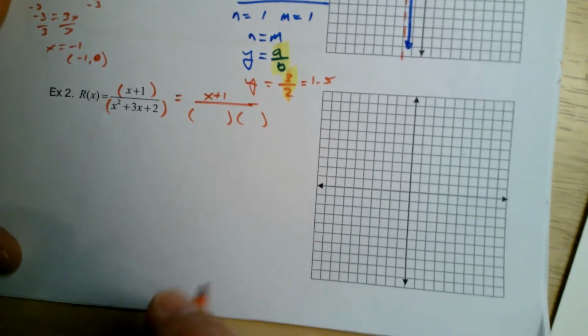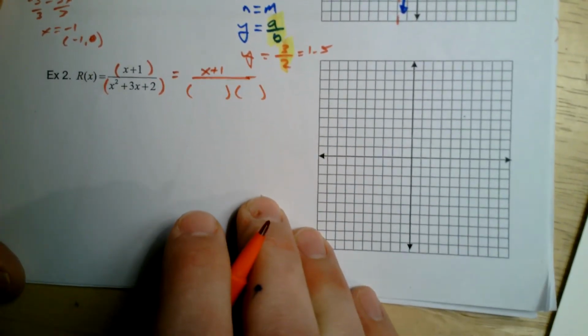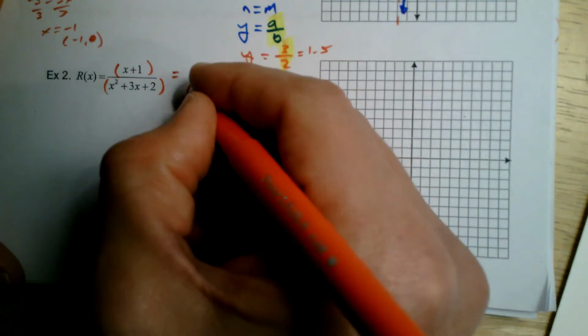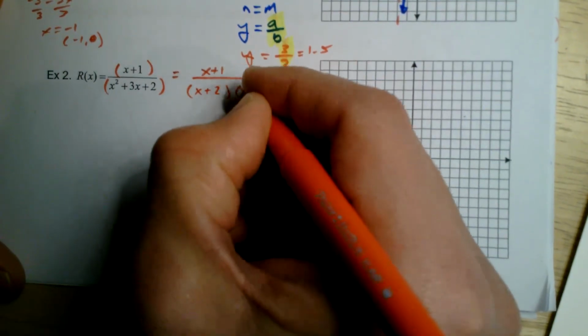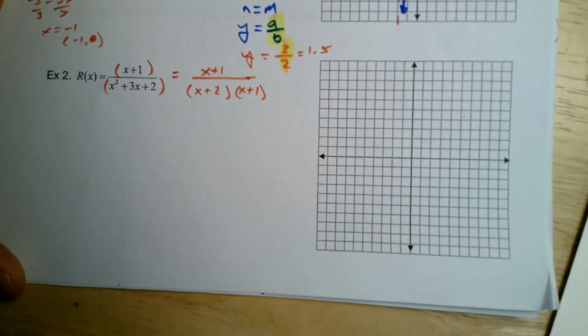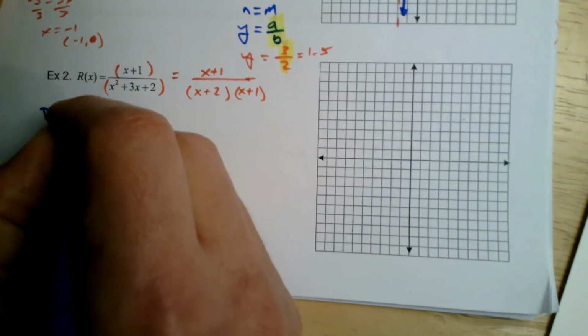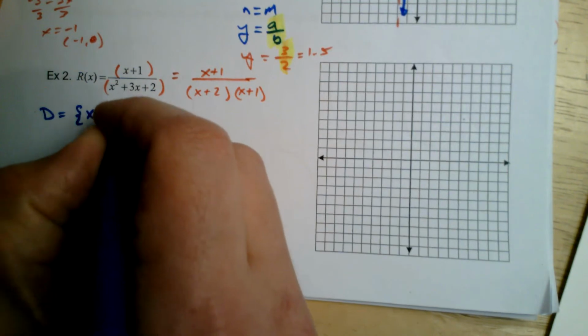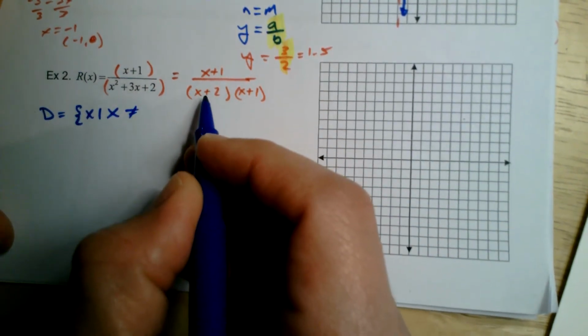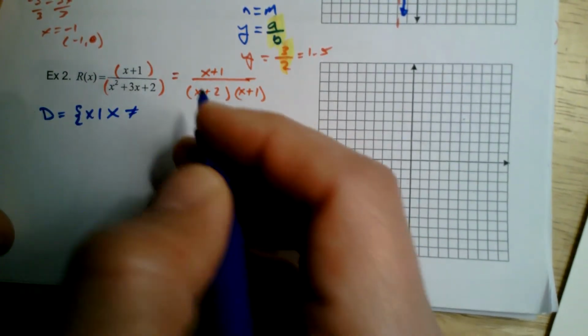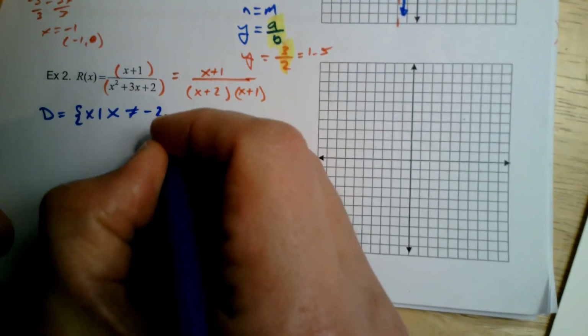Factors of 2 that add up to 3. Faster you guys answer, faster we get this done, y'all. 2 and 1. So my domain cannot be 0 on the bottom. Domain is the set of all real numbers except the opposite of what I see. So -2 and -1 are my restrictions.